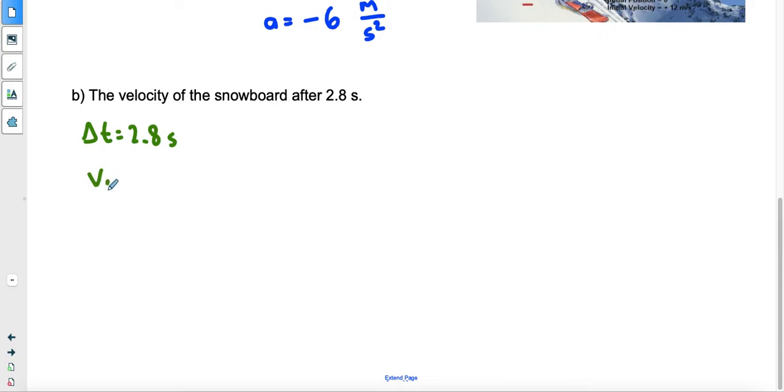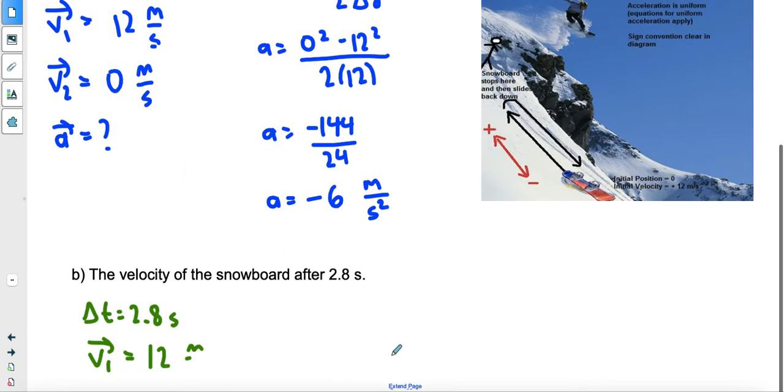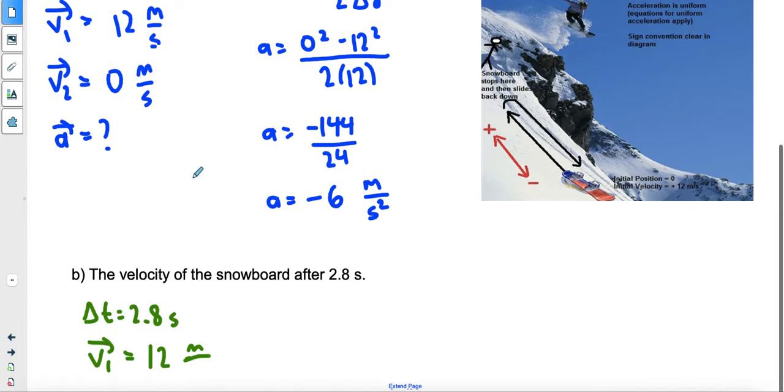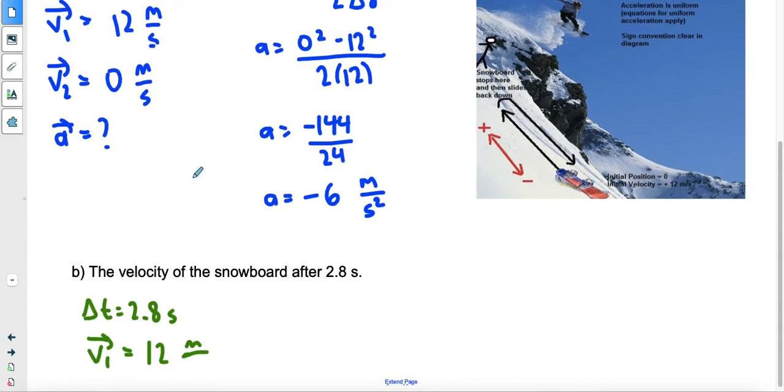We know the initial velocity is 12 meters per second up the hill. What else do we know? We know the acceleration from part A is going to be -6 meters per second squared.